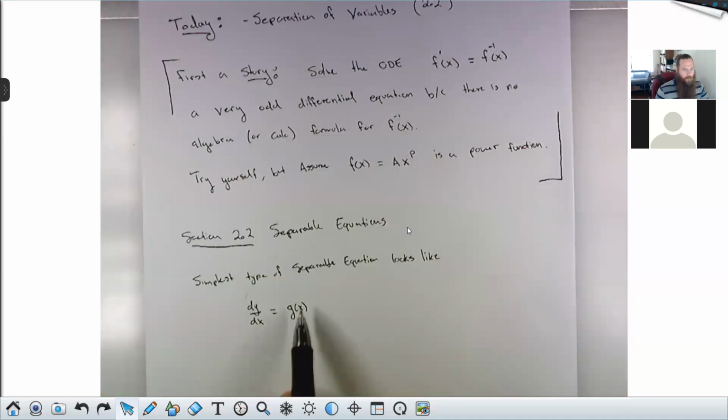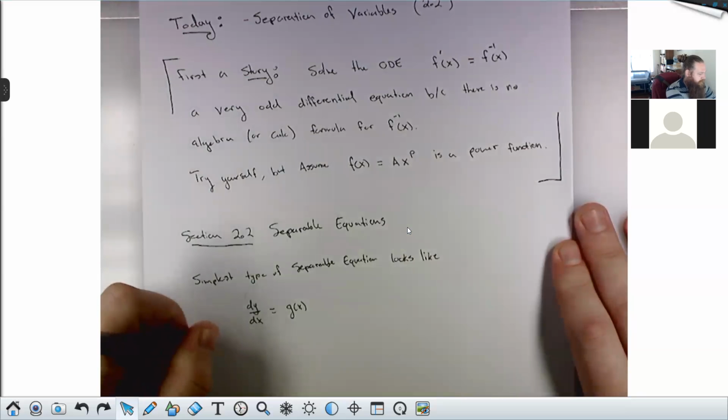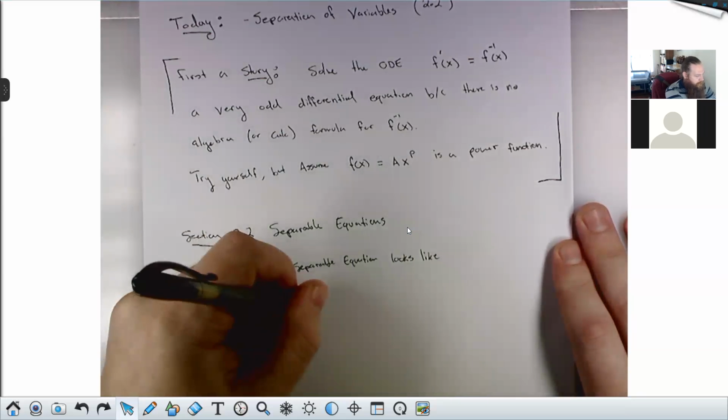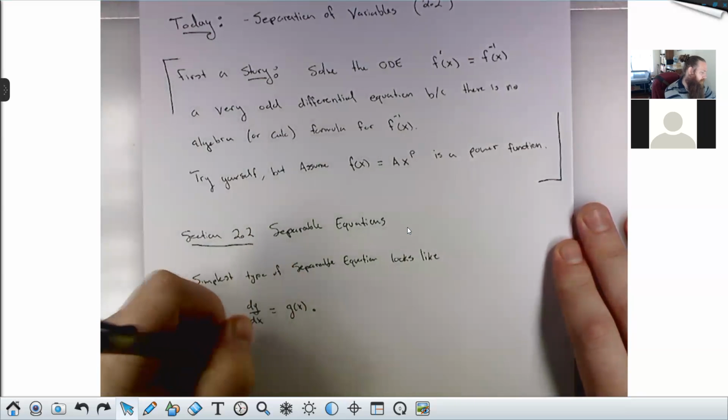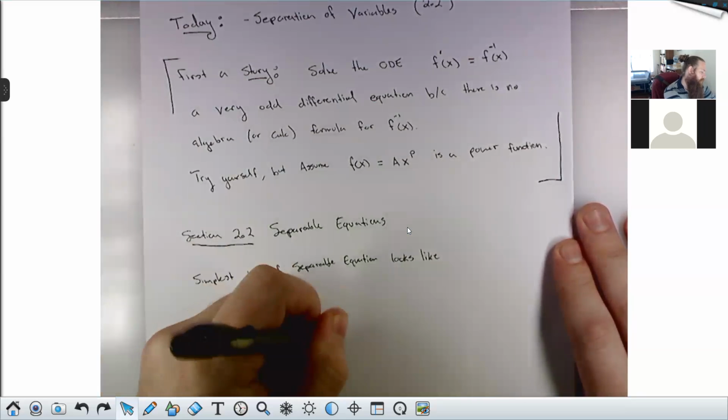Right? No other y stuff. You just have y prime and x. These can be solved by integrating.